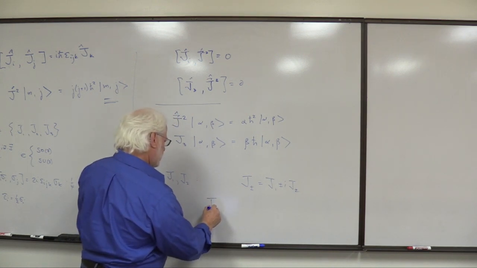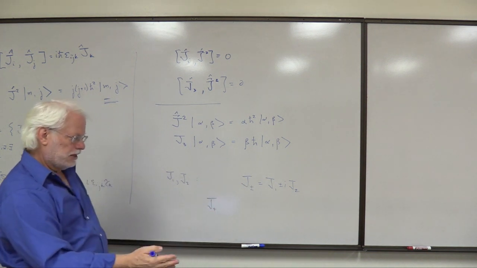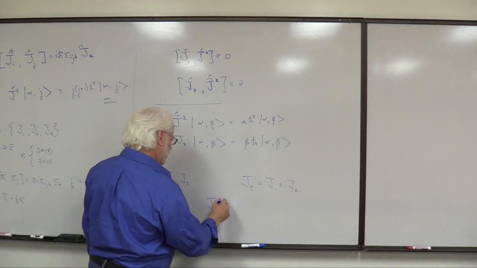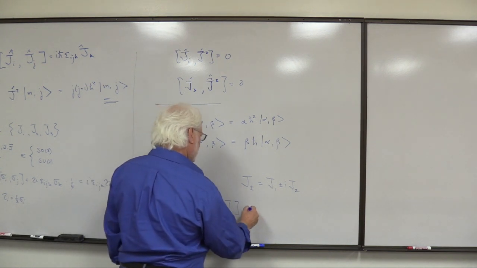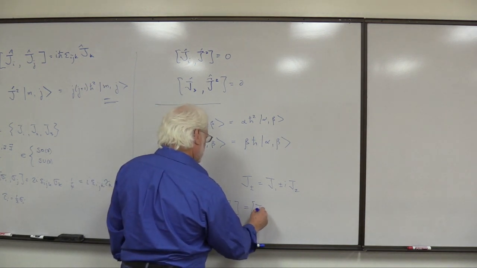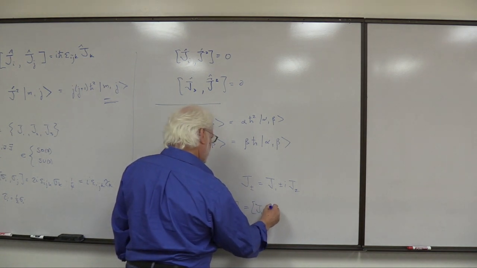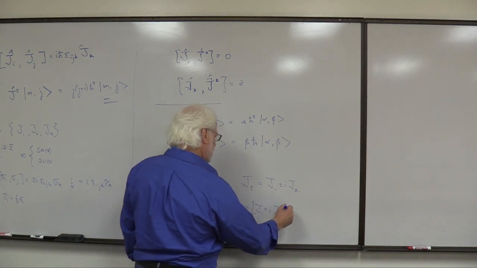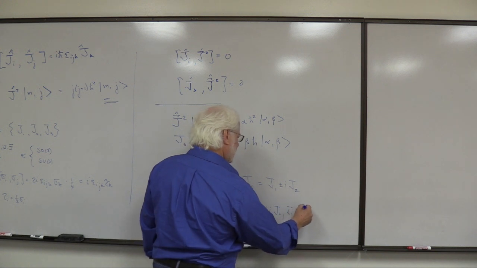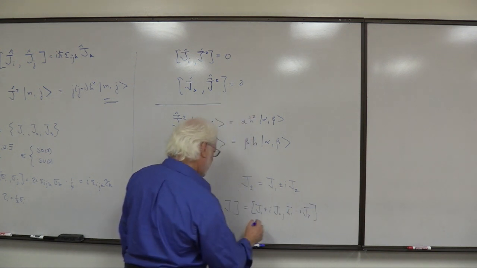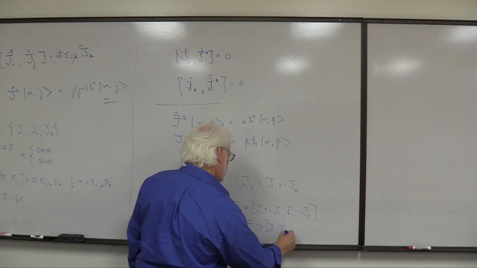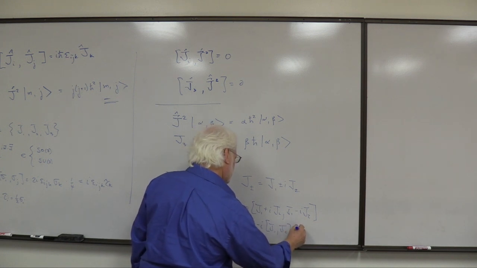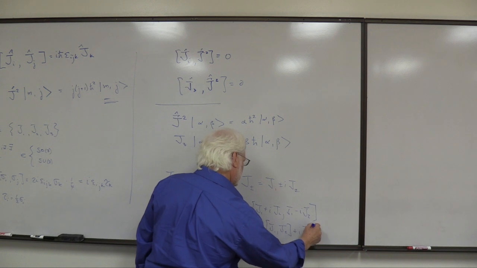Of course, J plus commutes with J plus. If I compute the commutator of J plus with J minus, that's J1 plus iJ2 with J1 minus iJ2, and that's minus i [J1, J2] plus i [J2, J1].